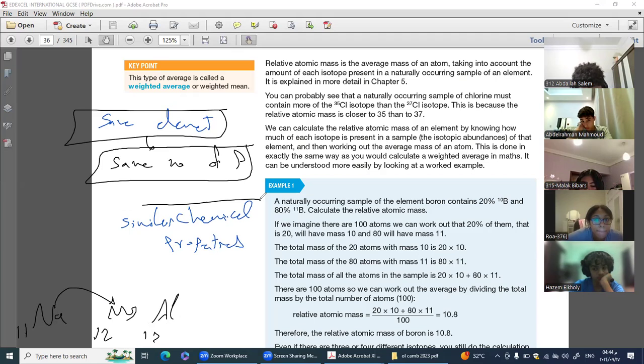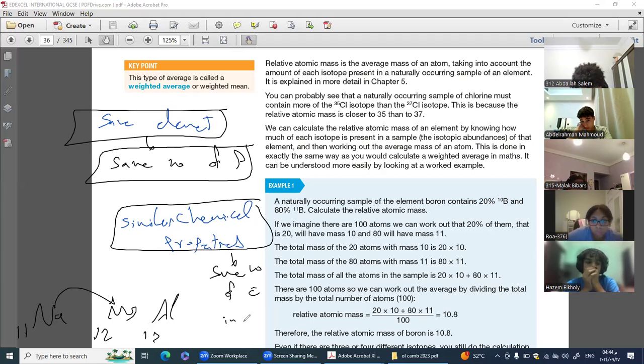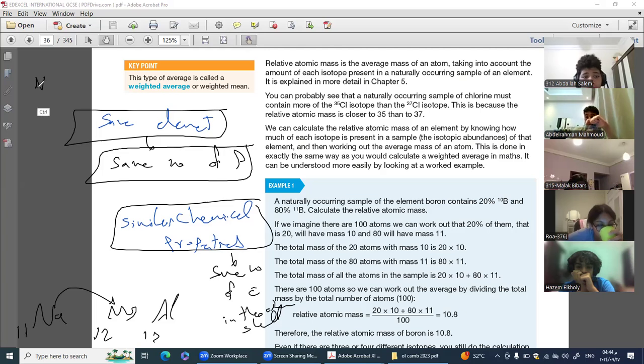So we said that same element because they have same number of protons. And they have similar chemical properties because they have same number of electrons in the outer shell. For example, if we have carbon C-12, C-13, C-14, electron configuration will be 2,4.